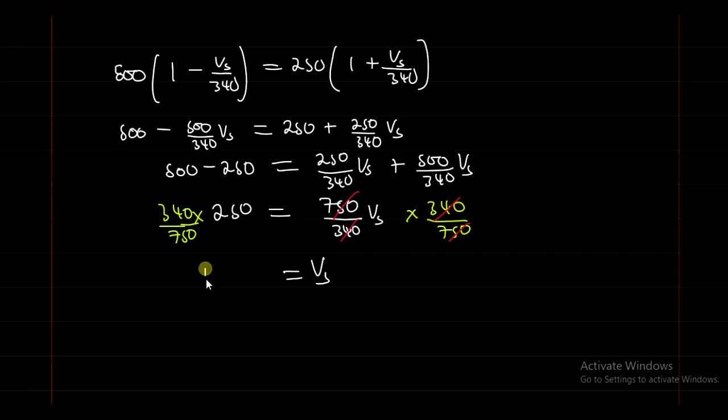Okay, 113.33 meters per second. So this value is very high. So in a test you will not be given such a question whereby you will get such a high value.